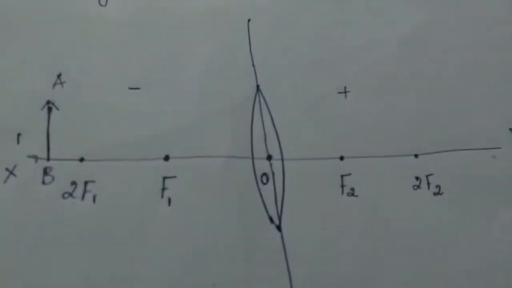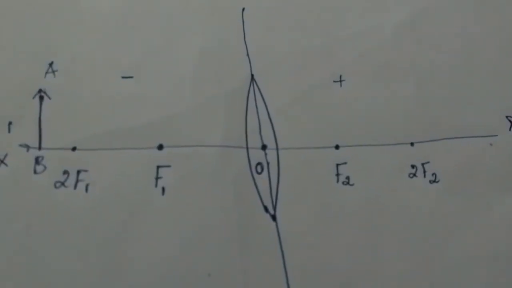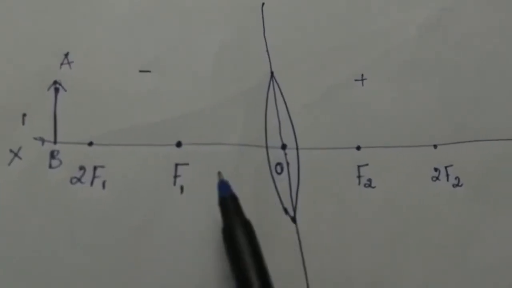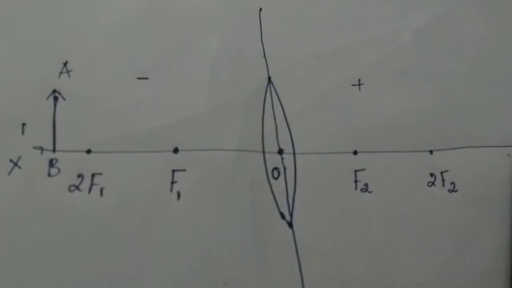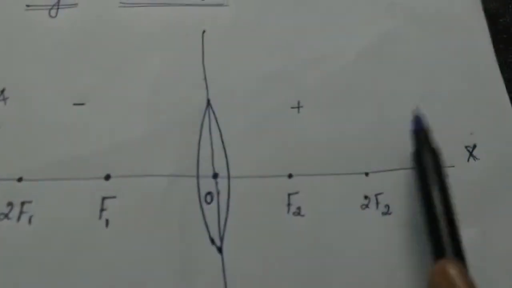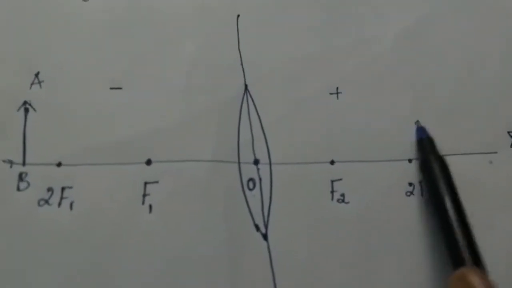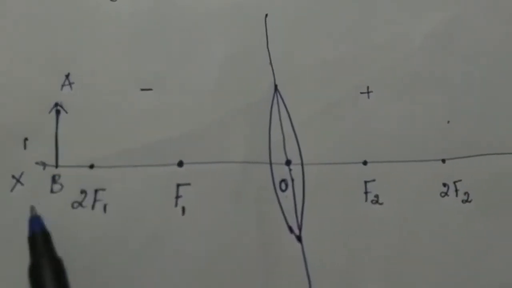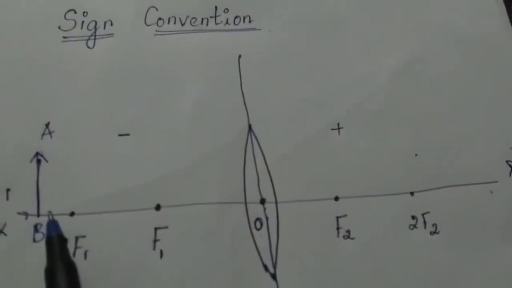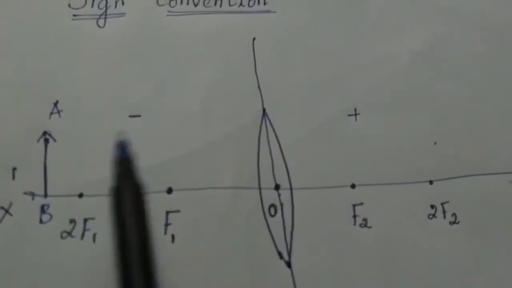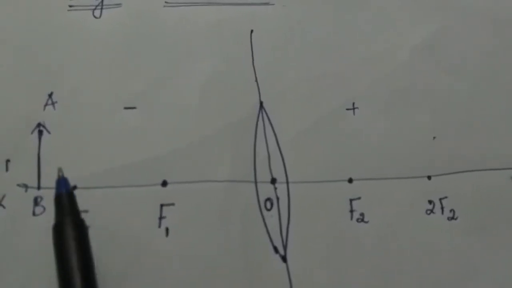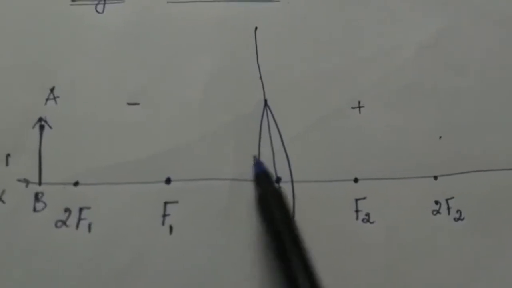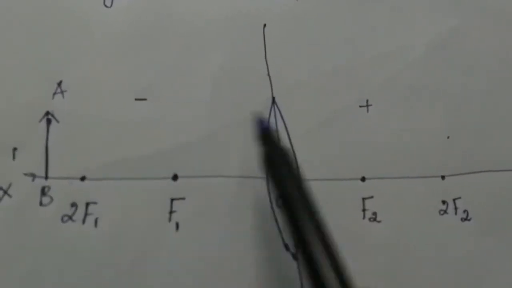AB is the object. Light is incident on the lens from the left to the right side.